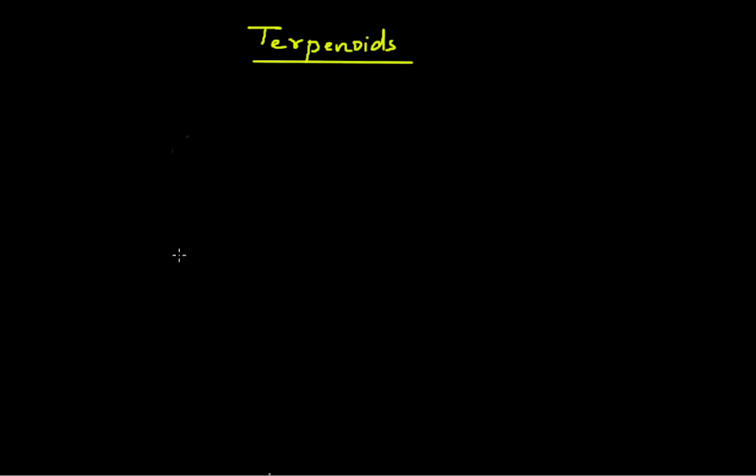So hi everybody, welcome to this first video on terpenoids. Terpenoids are a class of naturally occurring organic chemicals.